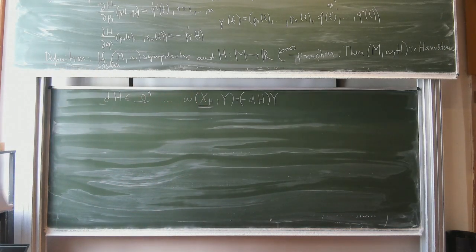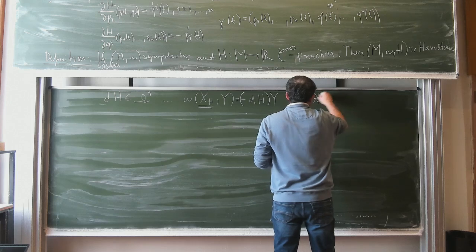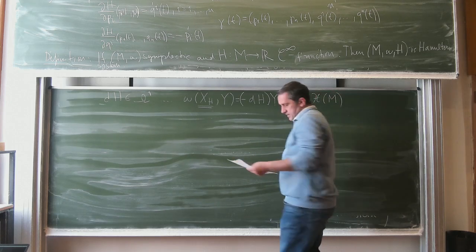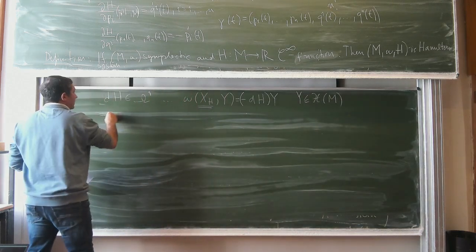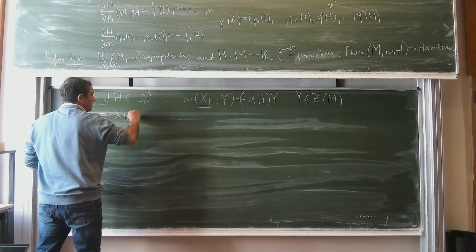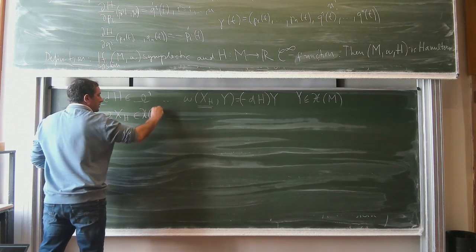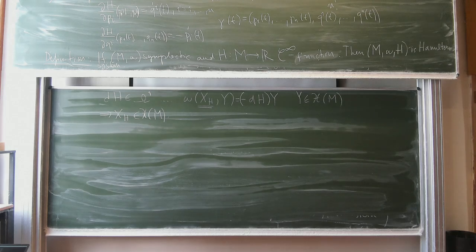So this defines X_H, a vector field on M, if this is satisfied for each y.